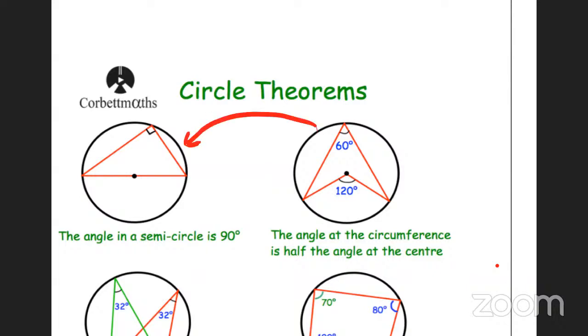Anybody seen that rule in the first rule? It's rule 2 and rule 1. What's the angle here? 180. And the angle here is half of that. You have to be able to look out for this shape. This shape, when extended, looks like this. So these two rules link.